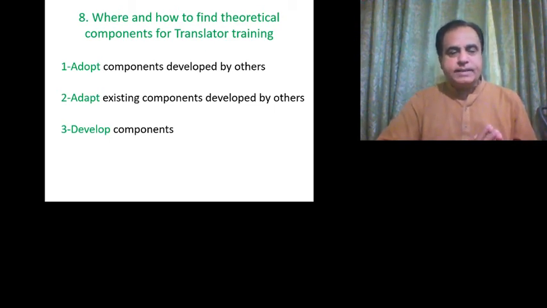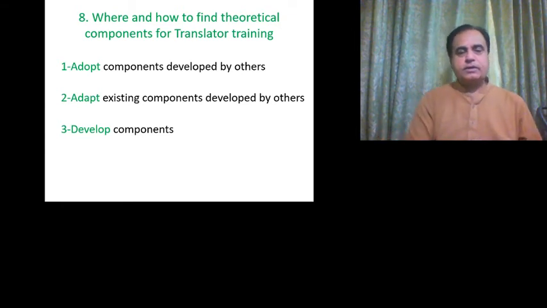And what is the best strategy to get benefit from these theoretical components? Number one is adopt, number two is adapt, number three is develop. Adopt means using the components developed by others.